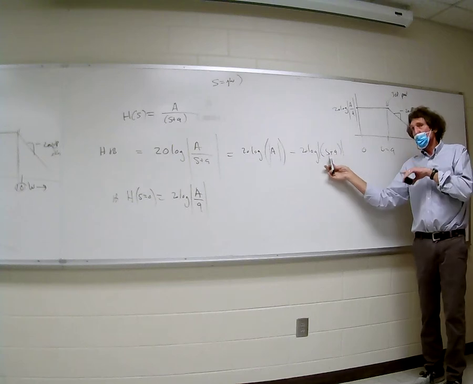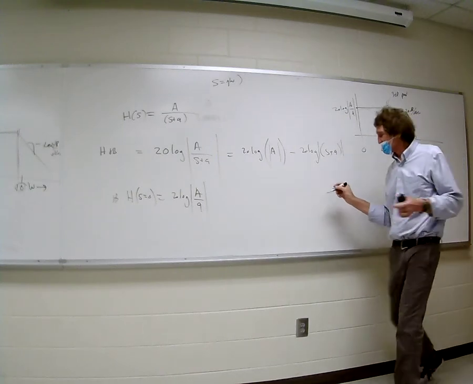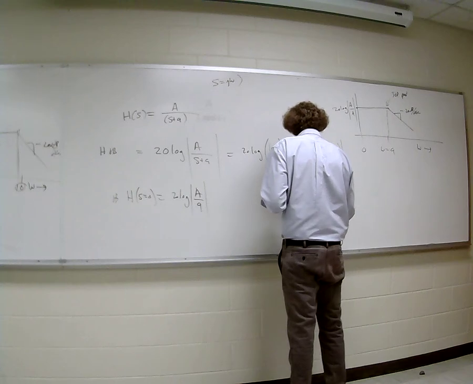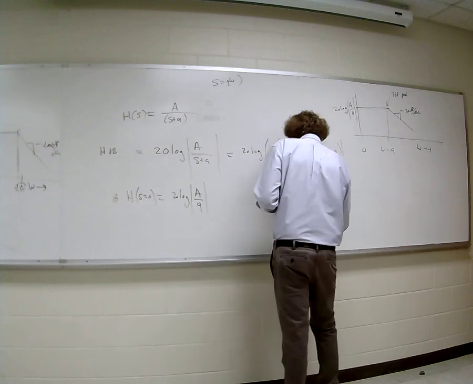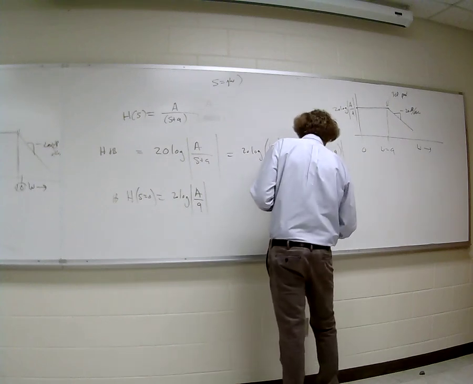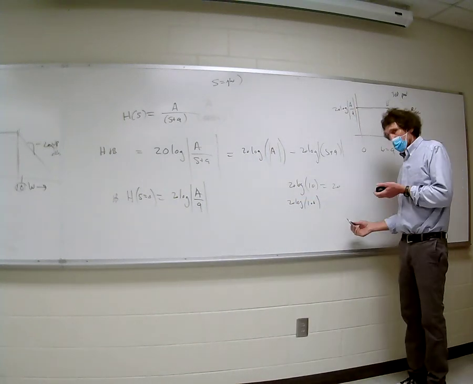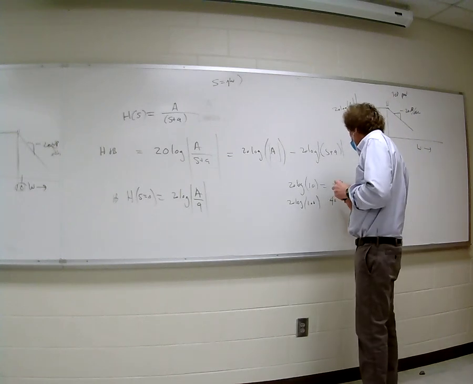All right, let me just do it this way. If I take 20 times the log of 10, I get 20. 20 times the log of 100, that's 1 decade difference in the argument. Well, the log of 100 is 2, so this would be 40, right?